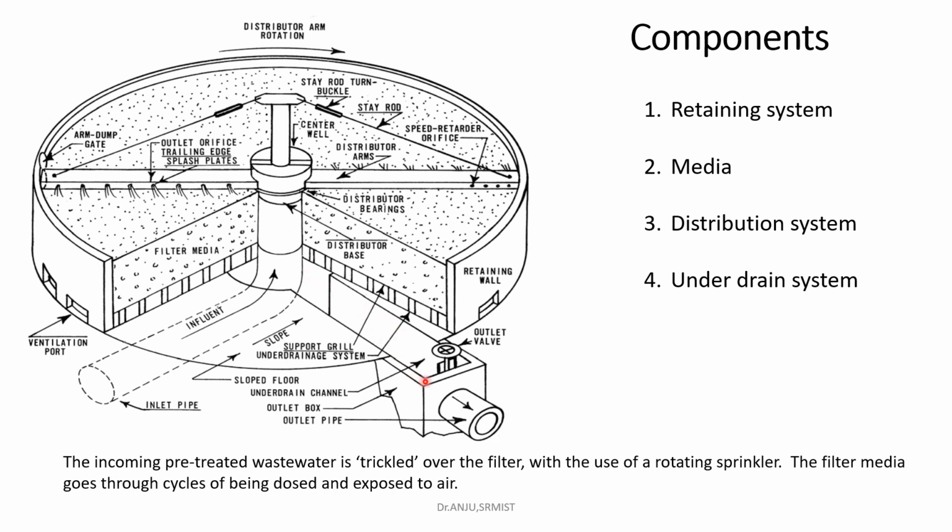So these are the main components of the trickling filters: the retaining system, media, distribution system, and the under drain system.